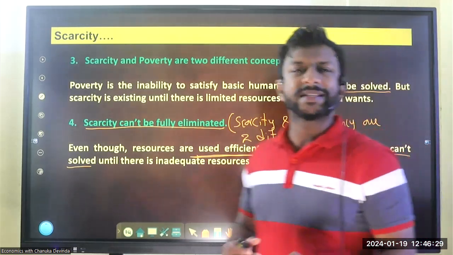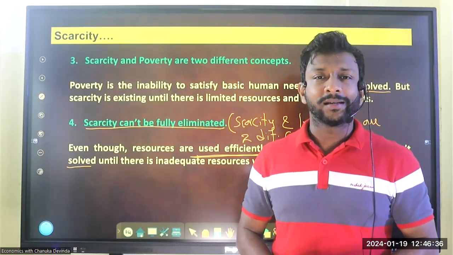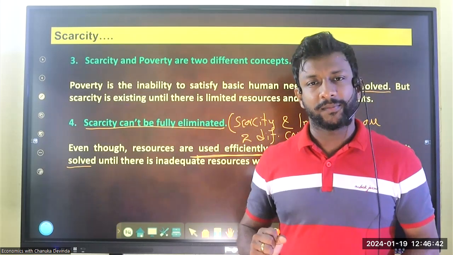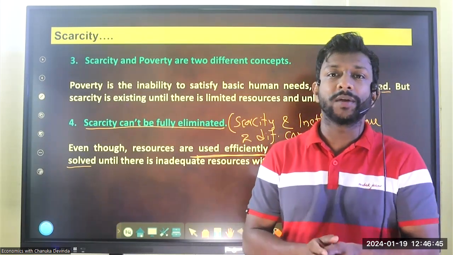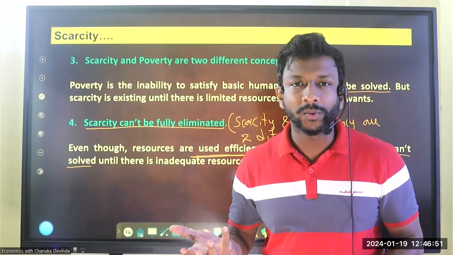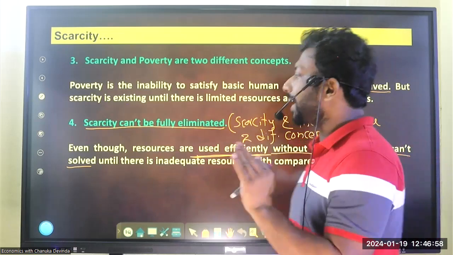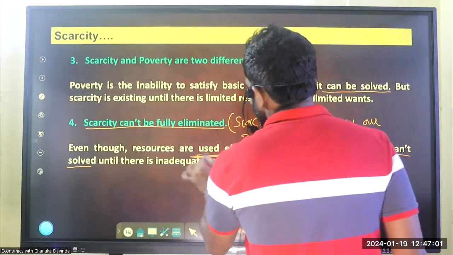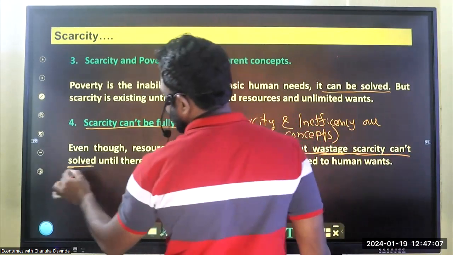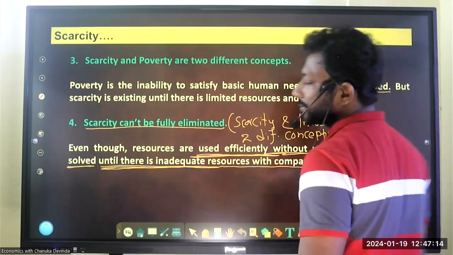If there is inefficiency, that means there's wastage. The resources are not being utilized, resources are being wasted. Let's say that inefficiency becomes efficient and wastage will be zero. Could we be able to solve scarcity? No, never. We can't solve scarcity. Even though resources are used efficiently without any wastage, scarcity can't be solved as long as there are inadequate resources compared to human wants, right?